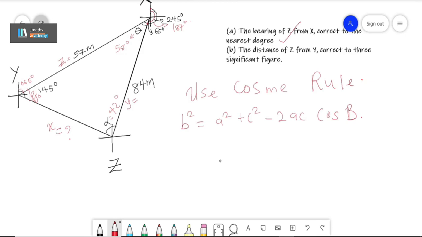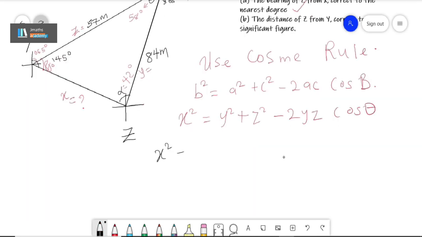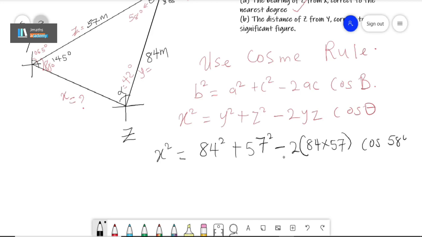So x squared is equal to y squared plus z squared minus 2yz cos theta. So I have x squared is equal to 84 squared plus 57 squared minus 2 into bracket 84 times 57 cos 58 degrees.